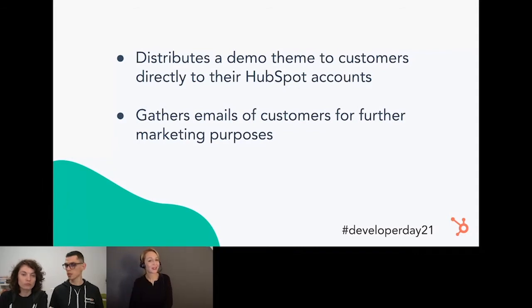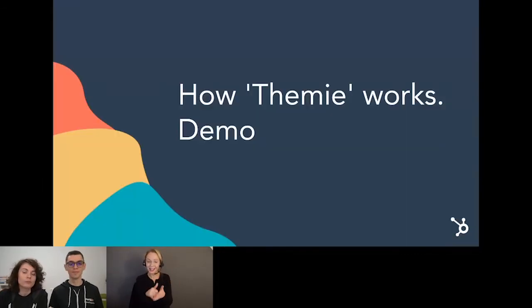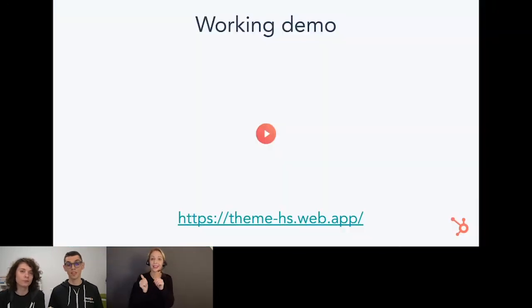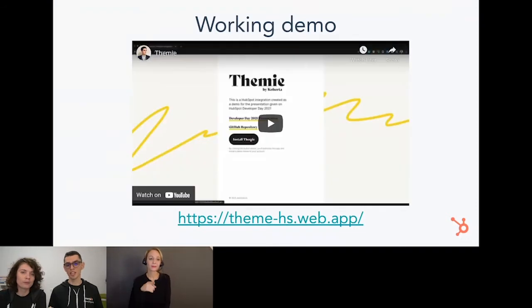Let's now take a look at how the app works. Olia, would you mind telling us about it? Sure. In short, Theming combines CMS and API to transfer the theme files from the developer side to the authenticated user account. Before going into details of development, let's watch a quick screen recording to grasp a full picture of what we can build together. The screen recording of the demo takes less than a minute.